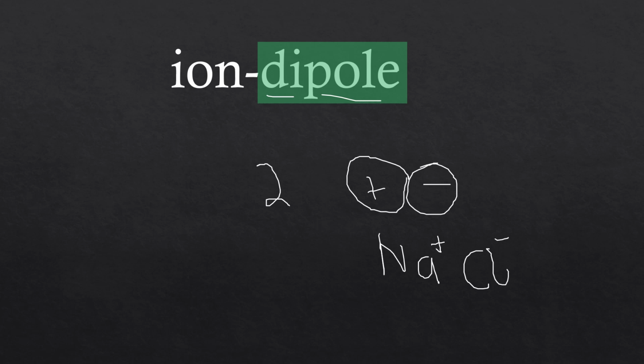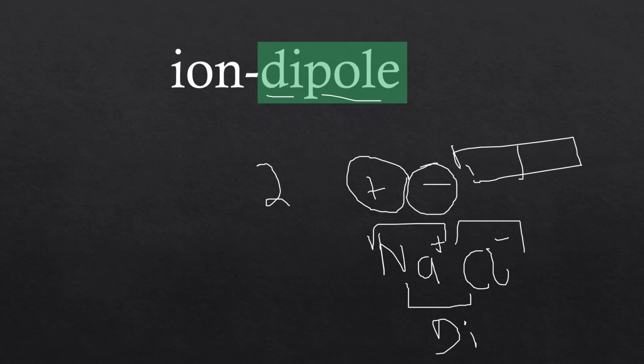Now these are two poles, di. This side is positive and this side is negative, just like a magnet, north and south. So these are called the poles, the positive pole and the negative pole. This is called the dipole.